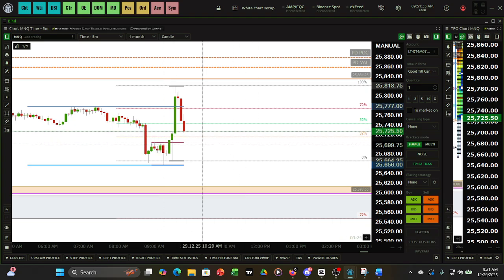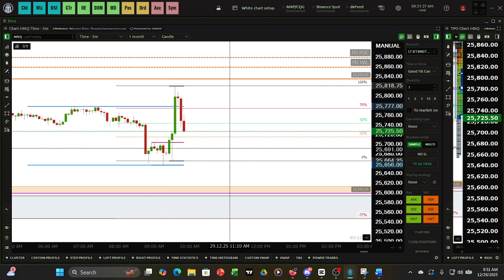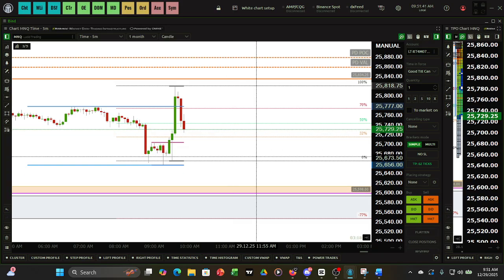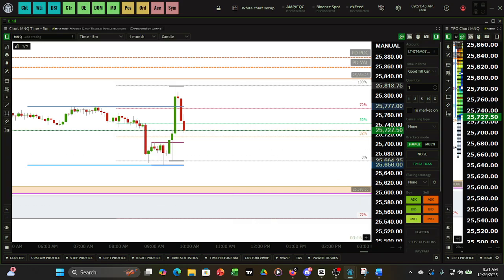It's going to start trying to touch into it a little bit here. It's coming back down to Globex. See if we can get a hold somewhere down in here.